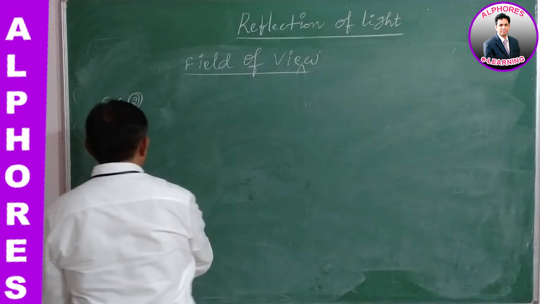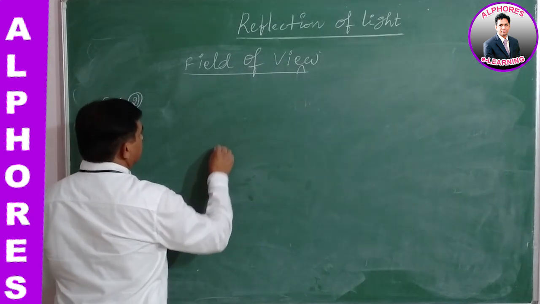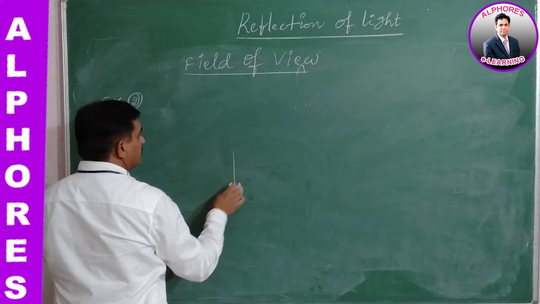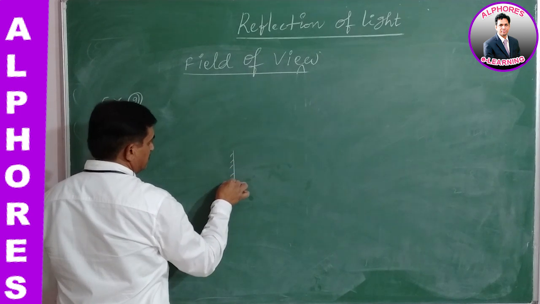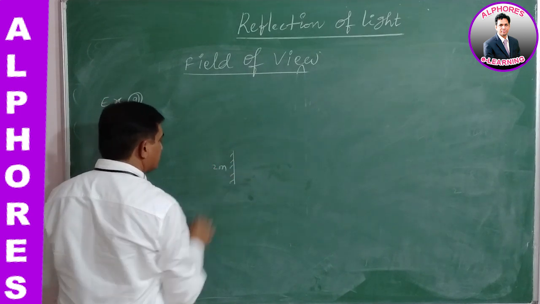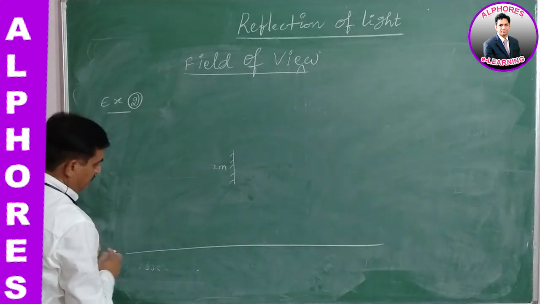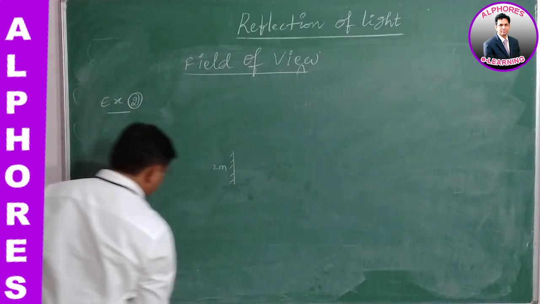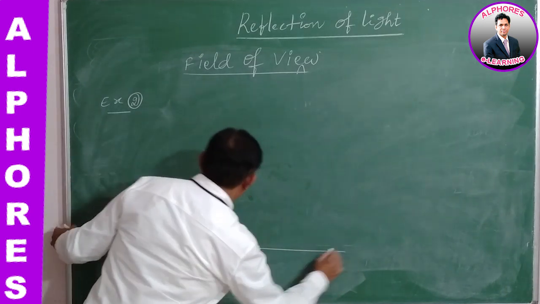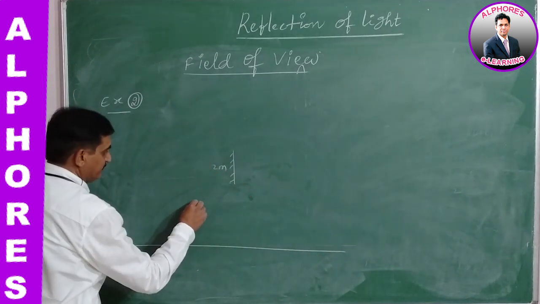Let us consider a plane mirror. Its length is 2 meters, and a vertical pole is kept on the ground.